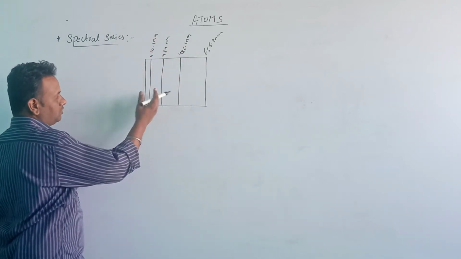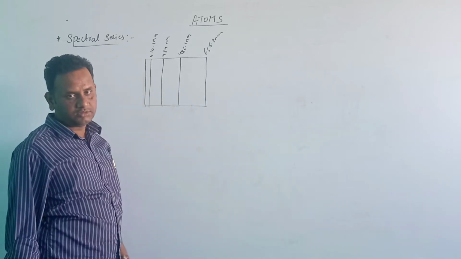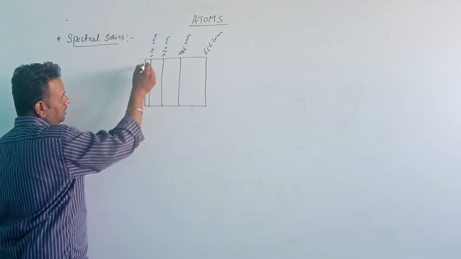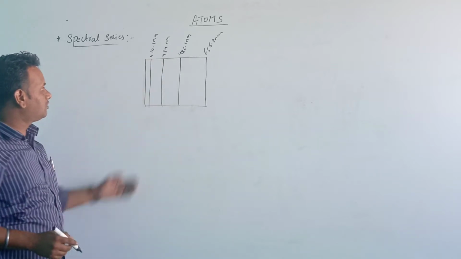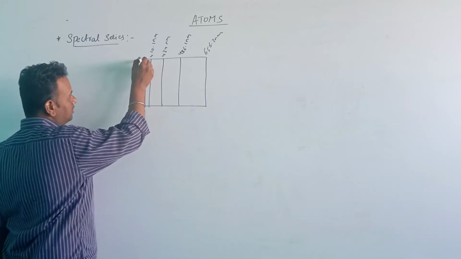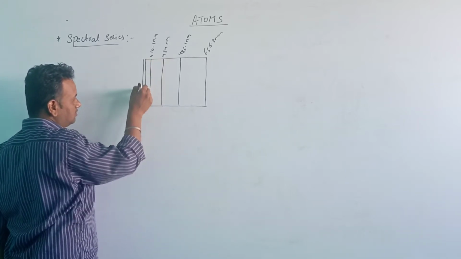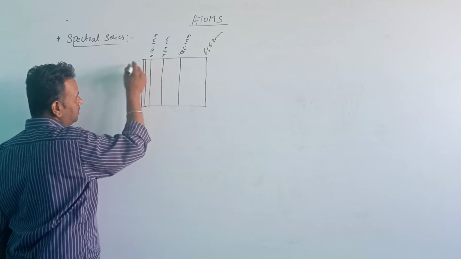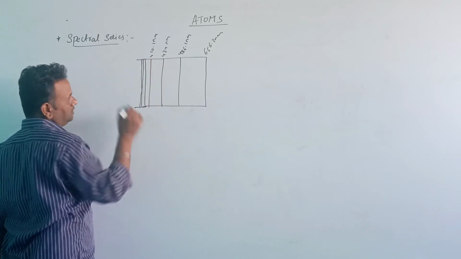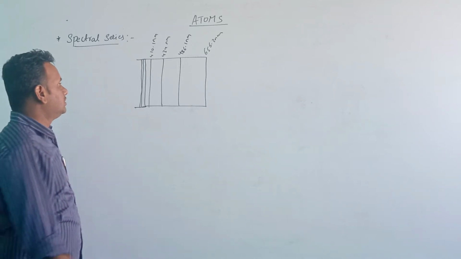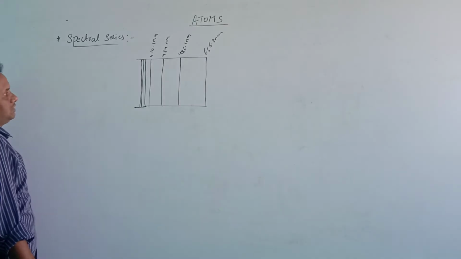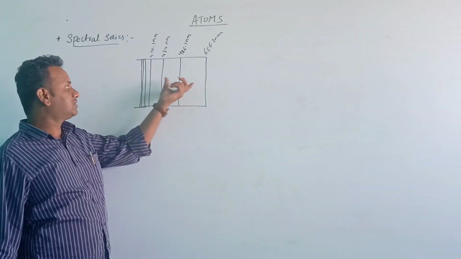As we go further, the lines come very close to each other like this. So this is the hydrogen spectrum, and we can observe the different spectral series here.